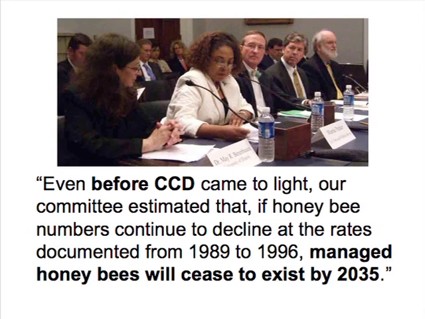When the committee finished their work and did their conclusions, it was before CCD. At that time, they predicted that if the decline they had seen from 1989 to 1996 continued, managed industrial beekeeping would be extinct by 2035. That was before CCD.